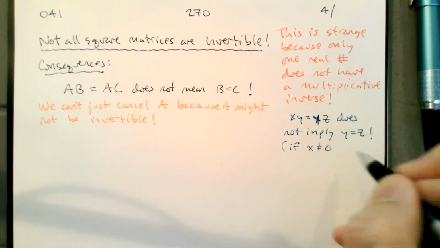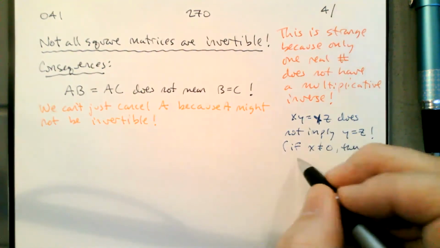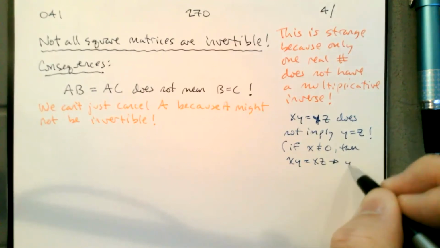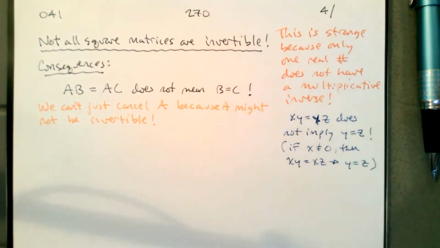If x is not 0, then xy equals xz implies that y equals z. But a lot of times when we're doing algebra, we leave that part off. If x is not 0, then xy equals xz means that y is equal to z, because I could divide by x. But in general, xy equals xz doesn't mean that y is equal to z.